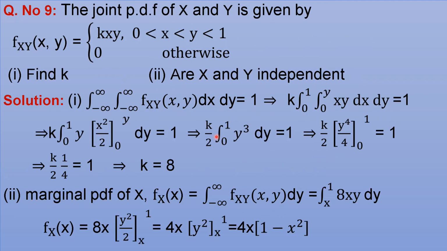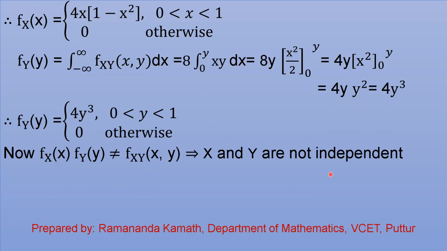Taking the integral, we have taken y greater than x, x less than y. So here x is less than y, y from 0 to 1. Y is greater than x.